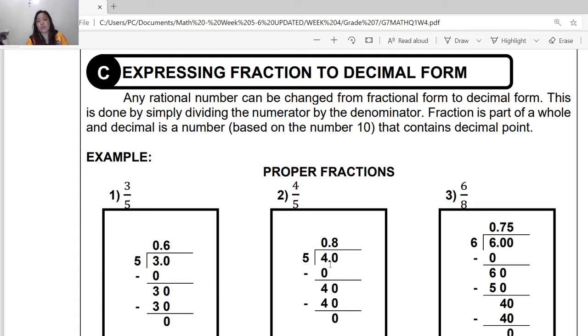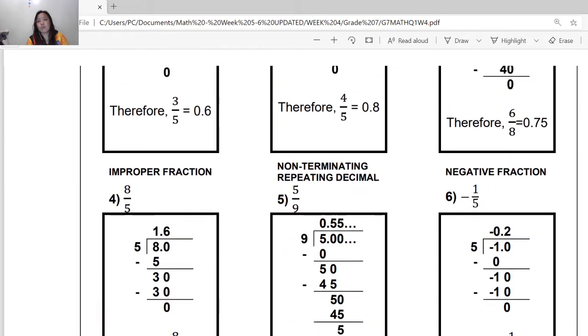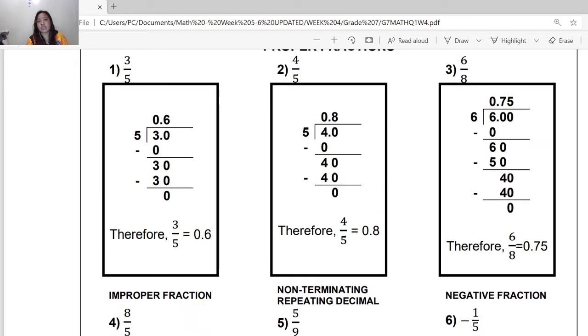So 4 divided by 5 is 0. 0 times 5 is 0. Subtracting, we have 4. Bring down 0. So that becomes 40 divided by 5 is 8. 8 times 5 is 40. Therefore, 4/5 is equivalent to 0.8.